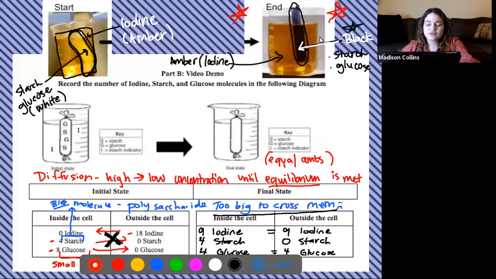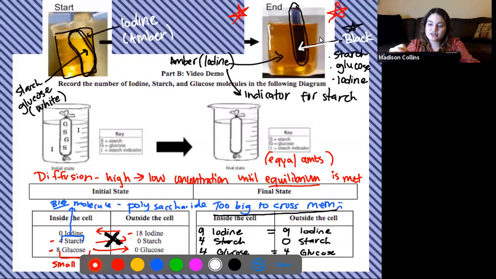All right, so let's go back to why was this color black? This ending color of our cell was black because iodine diffused across the membrane. Because iodine is an indicator for starch, it turns black in the presence of starch. And the reason that our ending color of our solution was still amber is because there is no starch in that ending solution.